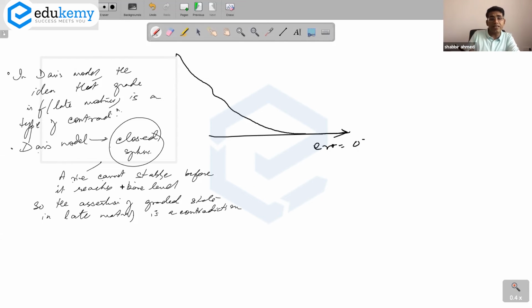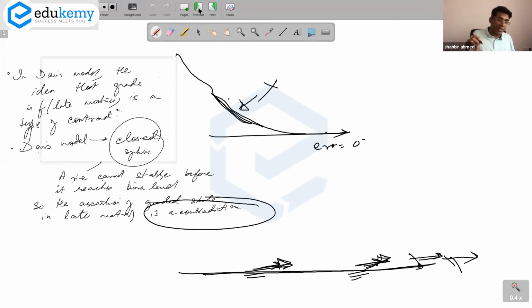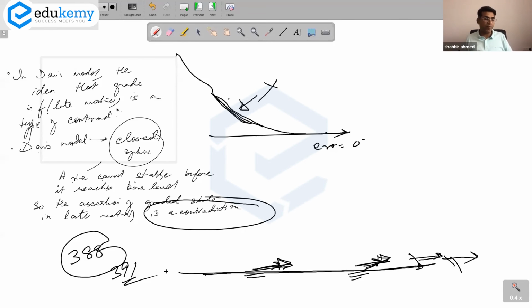But Davis is also saying that in late mature, somewhere here, the river has achieved equilibrium, which is not possible. So this looks like a contradiction of what Davis has said. It is page number 388, right up to 391. But it's better if you keep the notes on this topic.